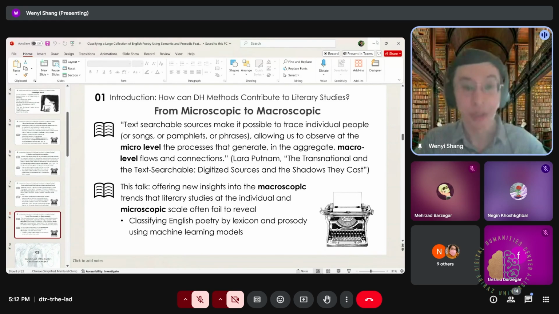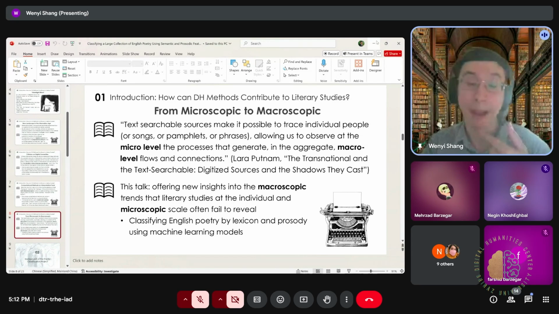In this talk, I'm going to introduce a project that offers new insights into the macroscopic trends that literary studies at the individual or microscopic scale often fail to reveal. I'm going to classify around 40,000 English poems by lexicon and prosody using machine learning models.